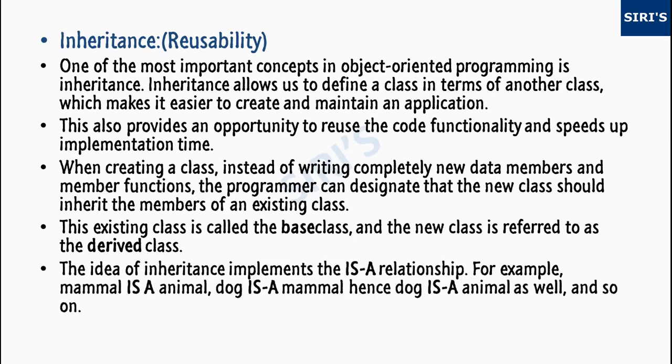The idea of inheritance implies an is-a relation. For example, mammal is an animal, dog is a mammal, hence dog is an animal as well as a mammal, and so on.